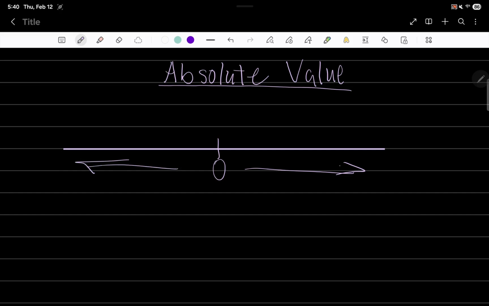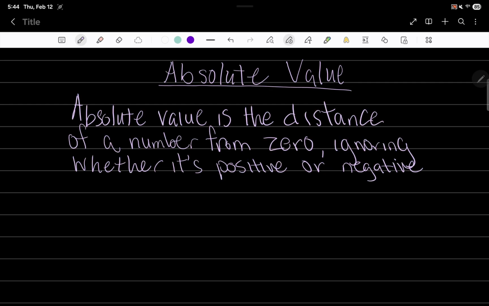The only thing we care about is how far it is away from zero. So let's look at a formal definition. Absolute value is the distance of a number from zero, ignoring whether it's positive or negative.